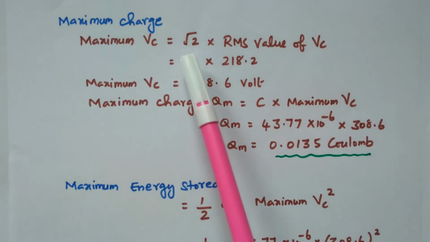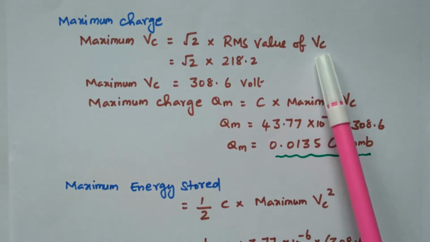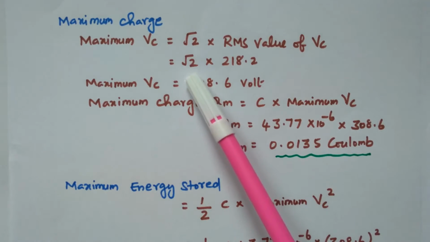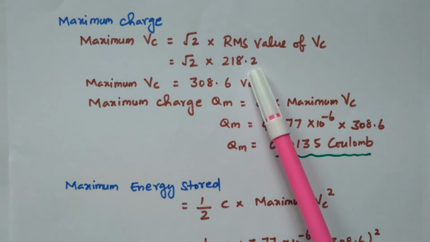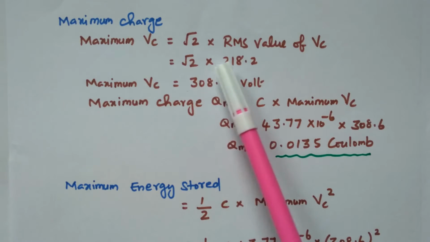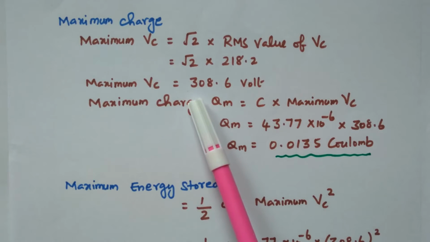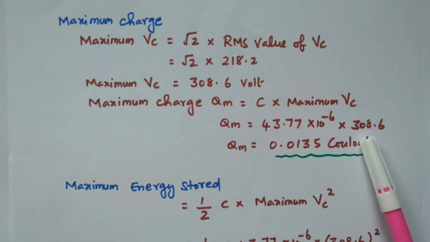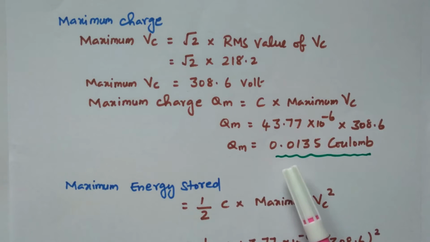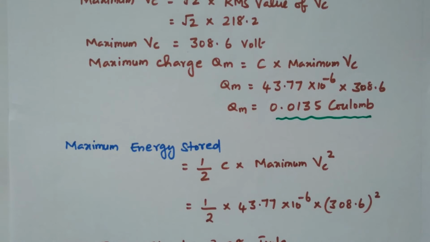Maximum Vc equals root 2 into the RMS value of Vc, so root 2 into 218.2, which we also calculated. By simplifying that, maximum Vc equals 308.6 volts. Now substitute this value here. By simplifying this, we got a maximum charge of 0.0135 coulomb.